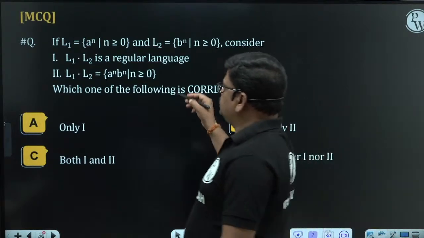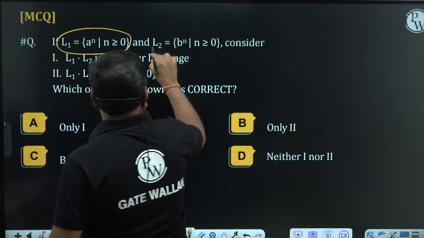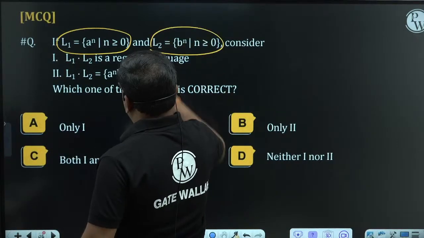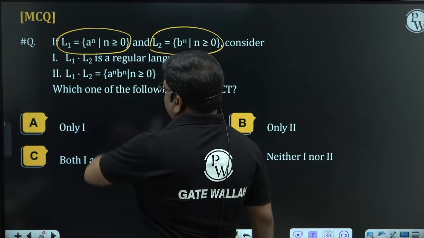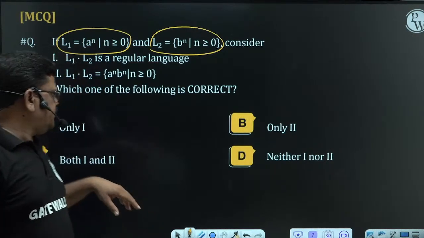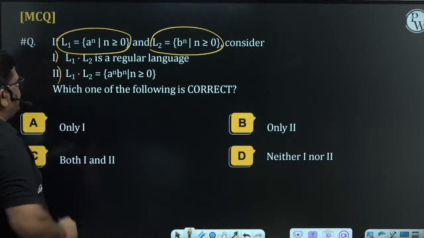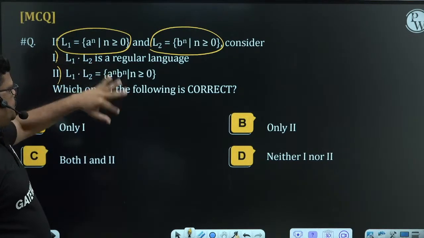L1 is this one, L2 is this one. L1 is a power n, b power n. Here he has given two statements. L1 concatenation L2 is regular.